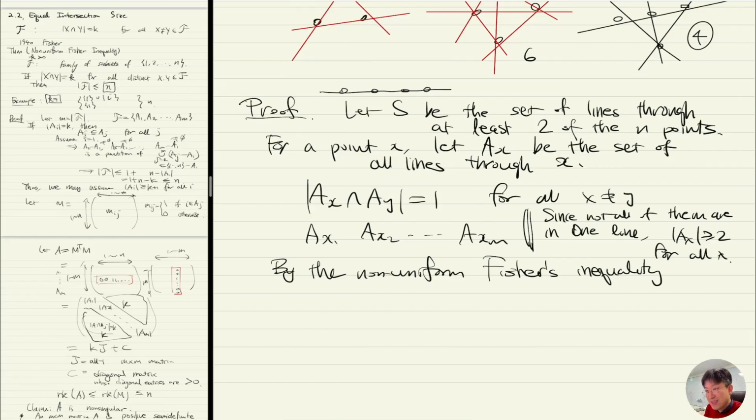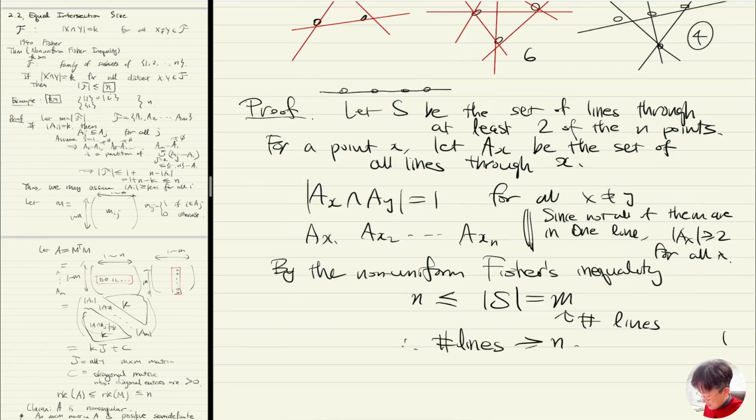So this implies that A_x is not equal to A_y because their intersection has size 1. So the number of sets is at most the number of ground set elements. A_x is a subset of S, and S is the set of lines, so the number of lines is at least n. That's the proof.